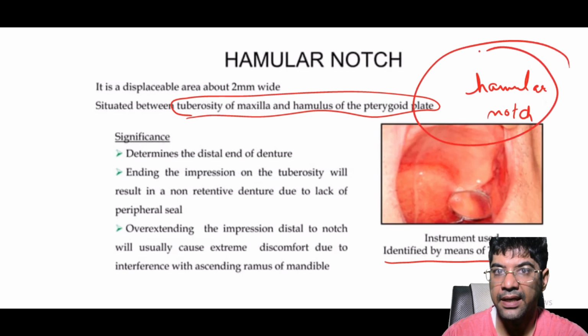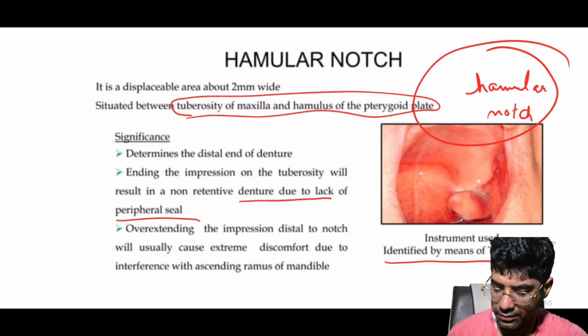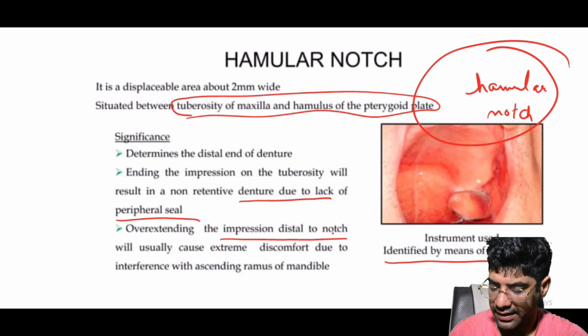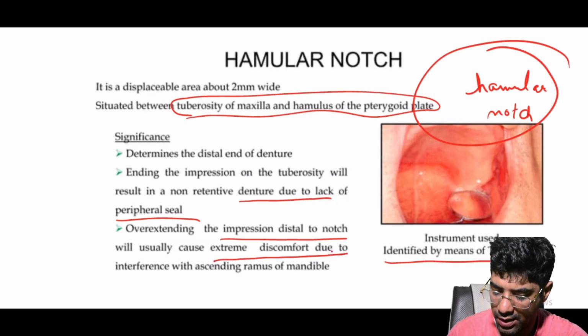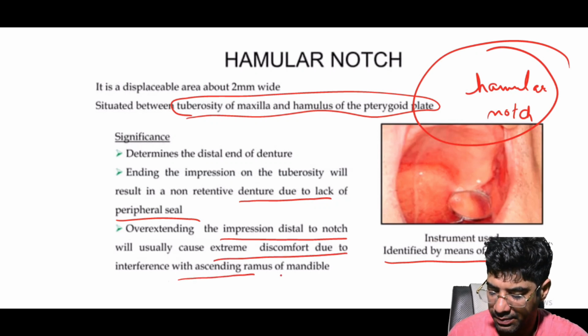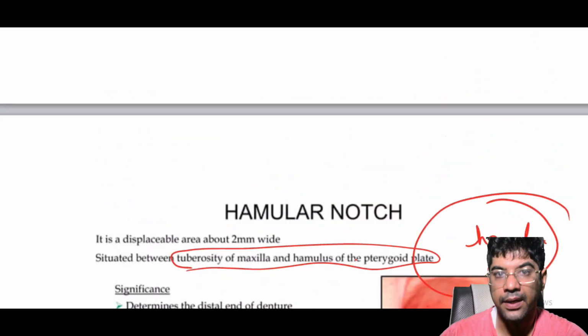If it is placed anteriorly near the maxillary tuberosity, the denture will lack proper retentive properties due to inadequate border seal. If you overextend the impression distal to the notch, you will see extreme discomfort due to the interference of the ramus of the mandible.